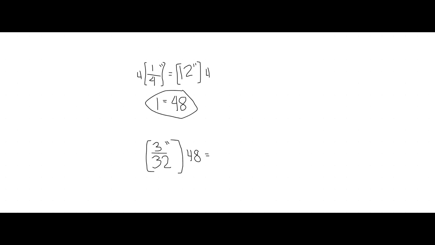Let me pull up my calculator. I don't think I could actually share my screen at the same time as I pull up the calculator, but that's okay. If you have a calculator at home or your phone calculator or whatever, you can put this in if you want. But if I do 3 divided by 32 and then multiply that by 48, I get 4.5. And so that's where the text size comes from.